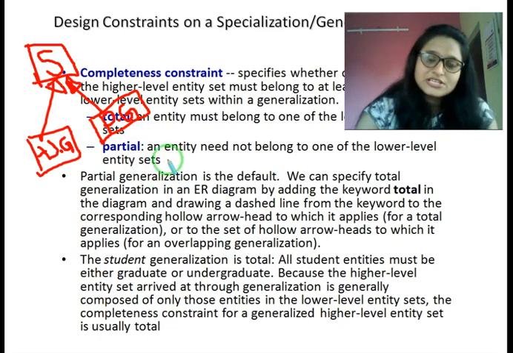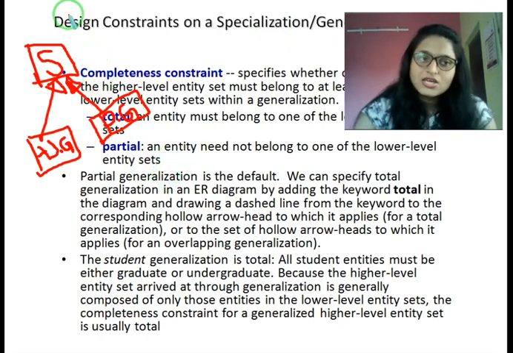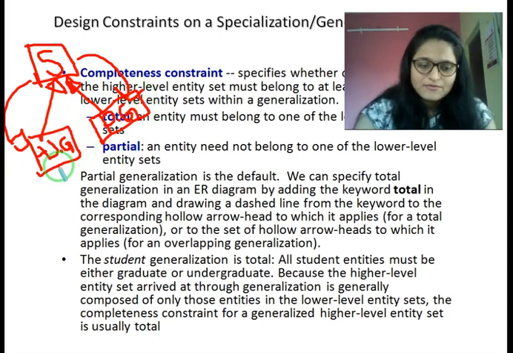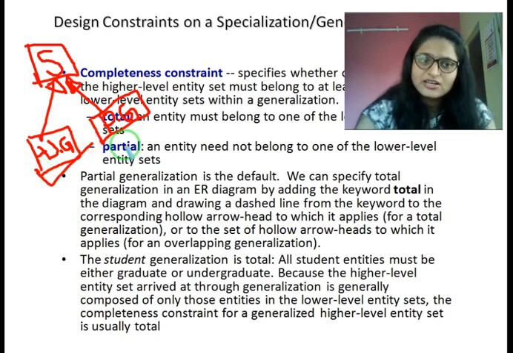So dear students, if you are a student of a university, you must be a UG student or you must be a PG student. Every student belongs to the UG entity or the PG entity, right?